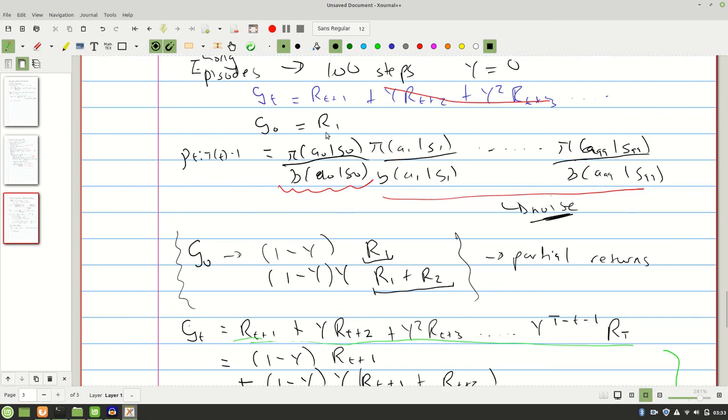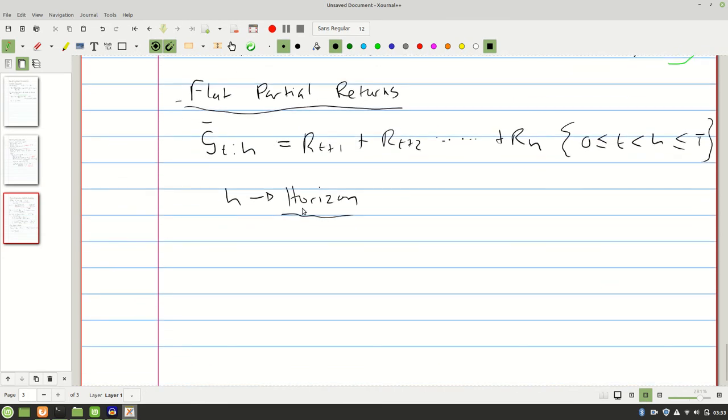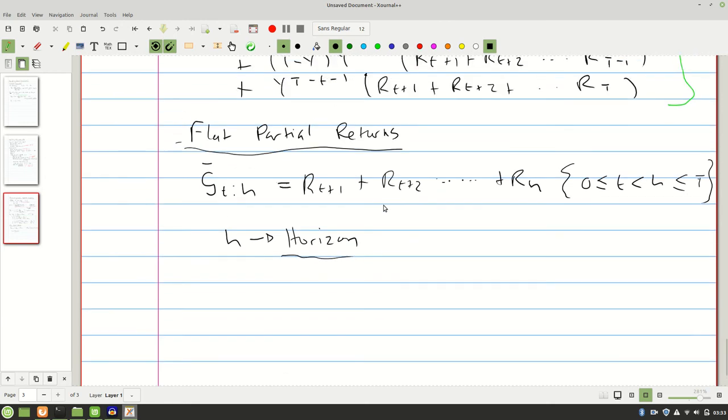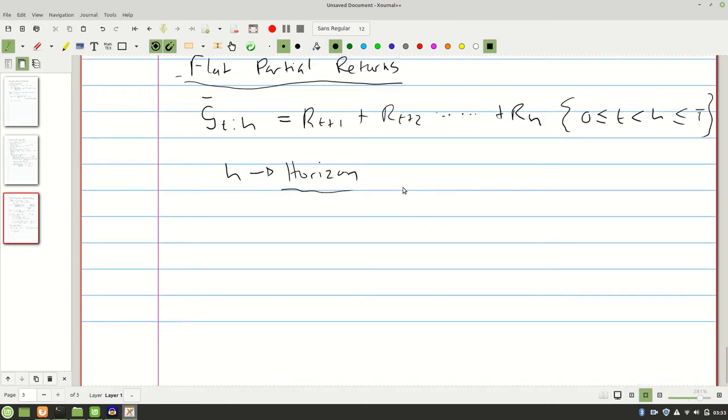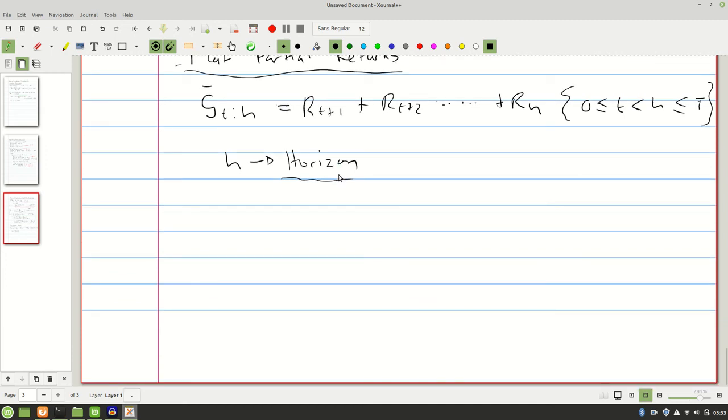So we should make sure that our importance sampling ratio only reflects this first term here. When we talk about the horizon, this is going to be dependent on what our discounting factor is, as that's going to affect how far into the future we should actually look at our returns when we're doing our importance sampling. So we define h as the horizon here.